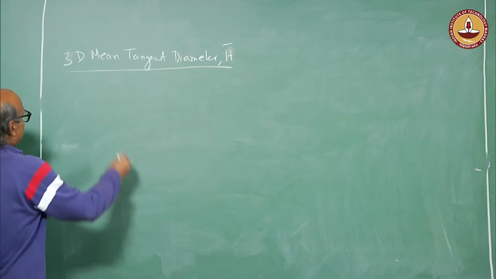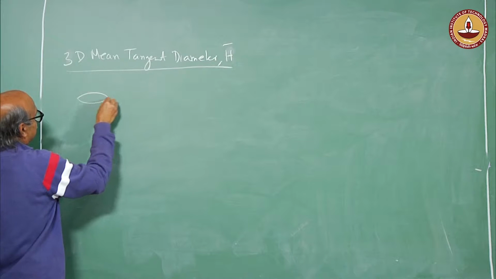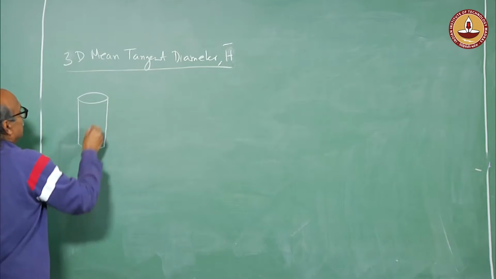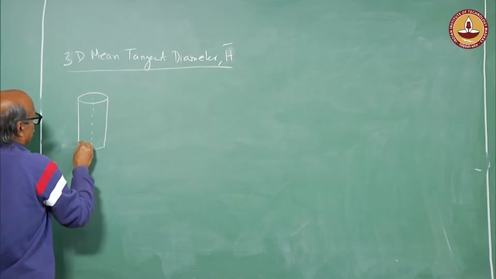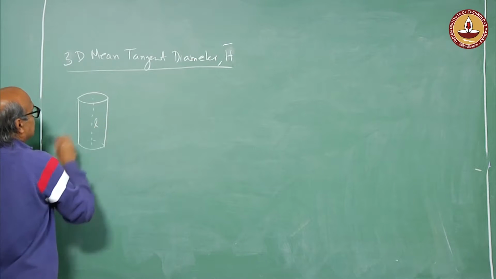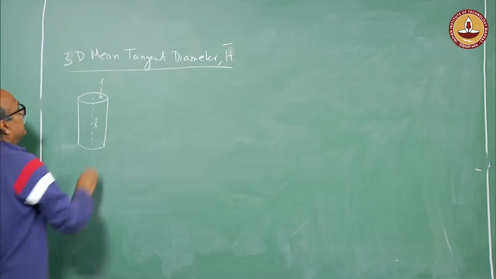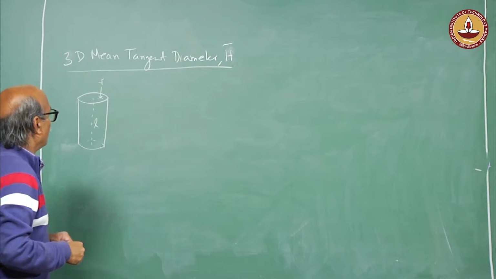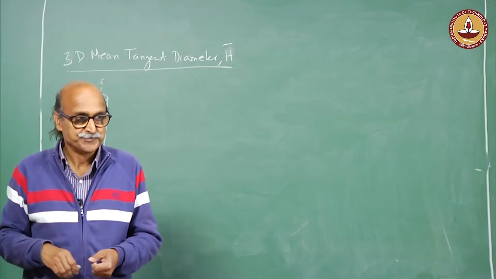Now, consider a cylinder of length L and radius r. What would be its mean tangent diameter?